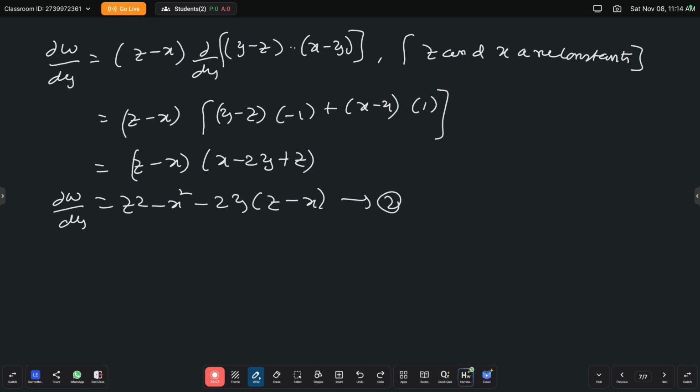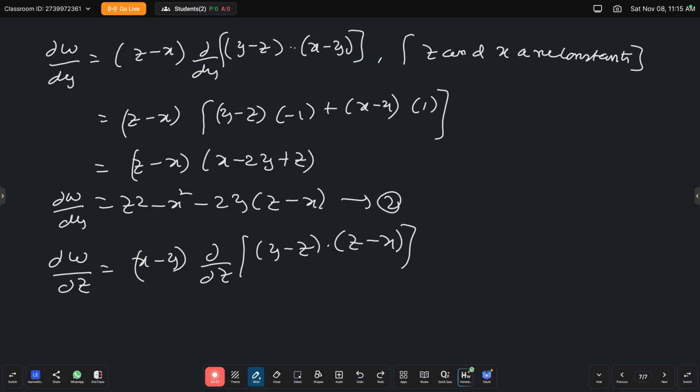Similarly, we can find ∂w/∂z. With respect to z, x and y are constants. Now (x minus y) into ∂/∂z of (y minus z)(z minus x).